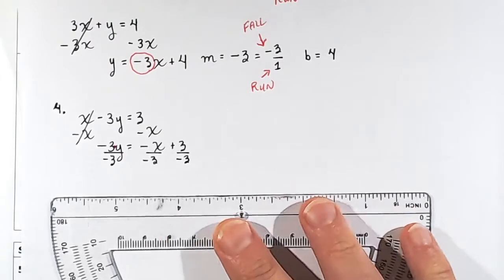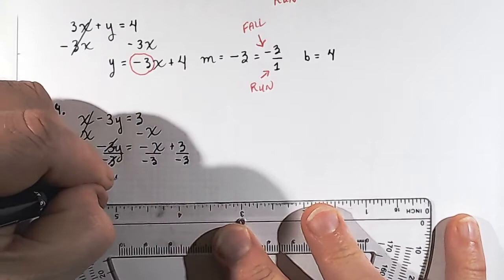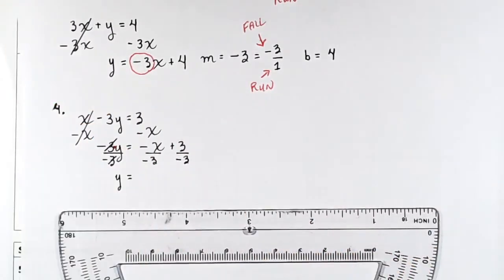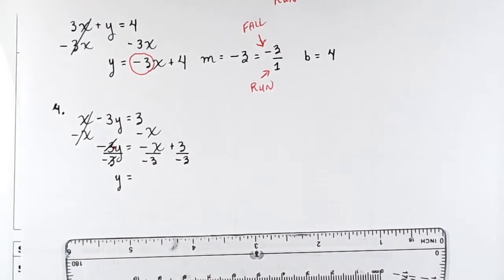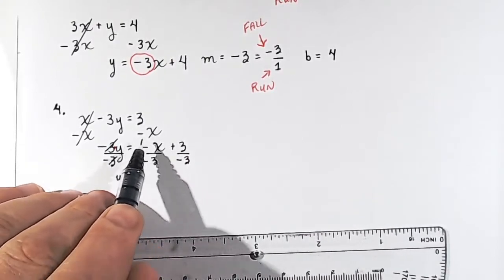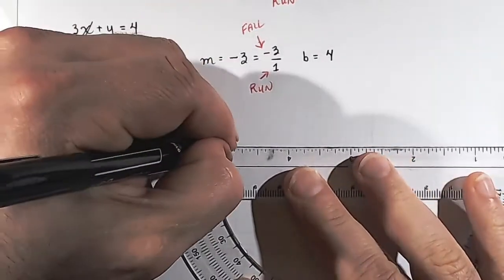On the left side, these negative 3's cancel out, and I'm left with the y variable all by itself, set equal to this mess over here on the right. So before we start putting pen to paper, let's think about what we have here. We have negative x over negative 3. I want to just go out here in side work and write this out.